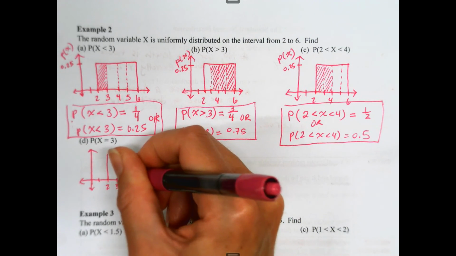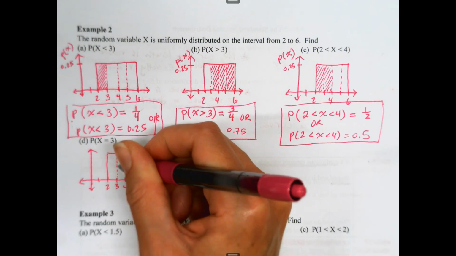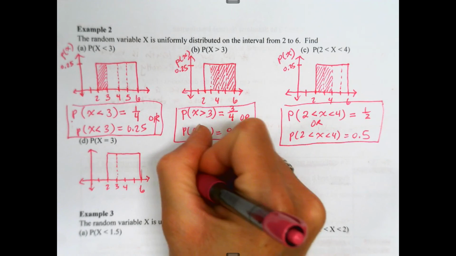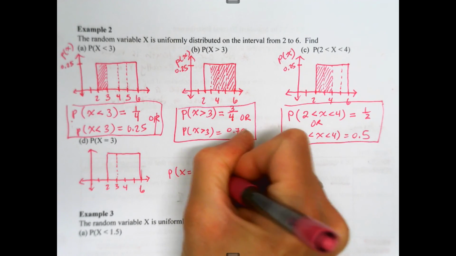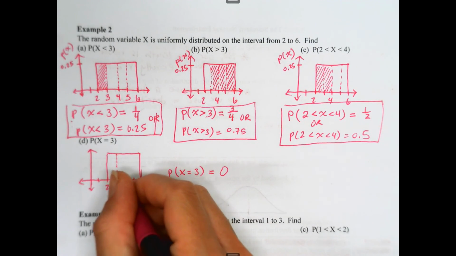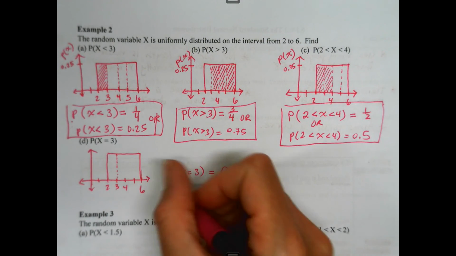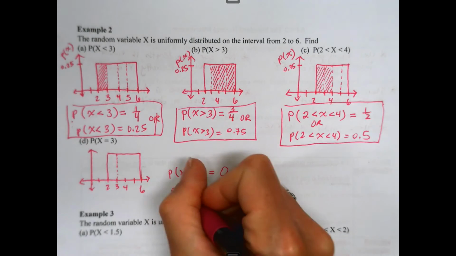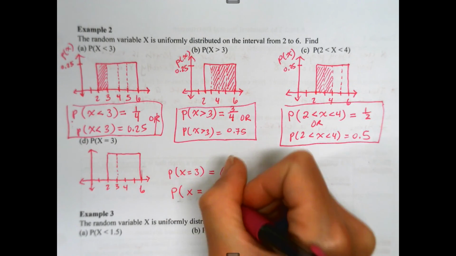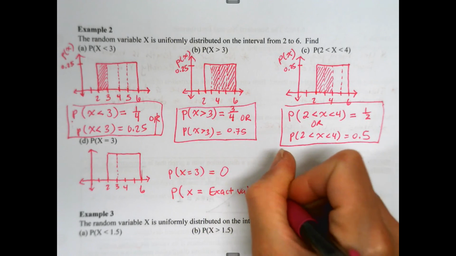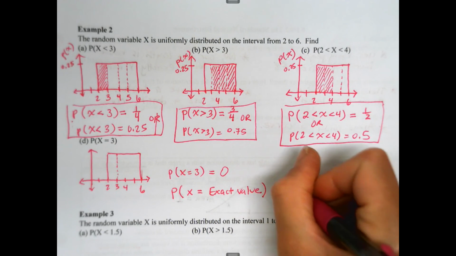We're just dealing with this concept of the line. So the probability that x is equal to 3 is going to be 0 because the width at 3 is 0. There is no width. So the probability that x is equal to an exact value will always be 0.